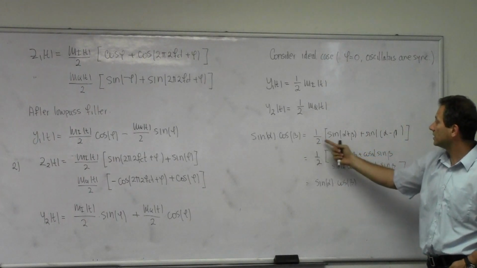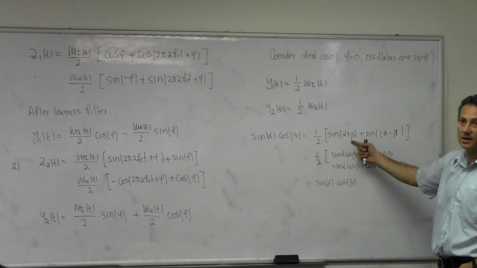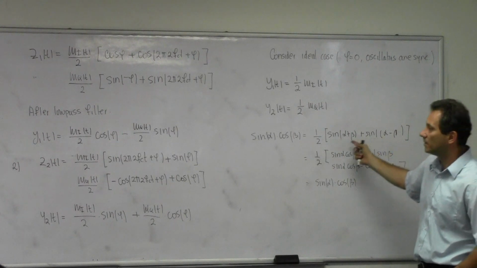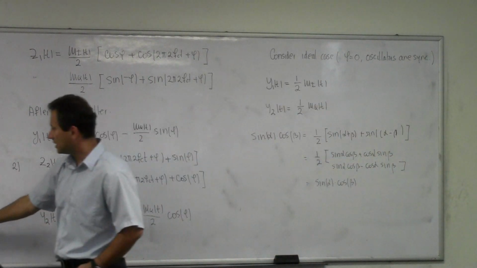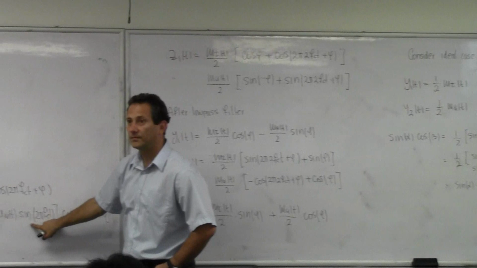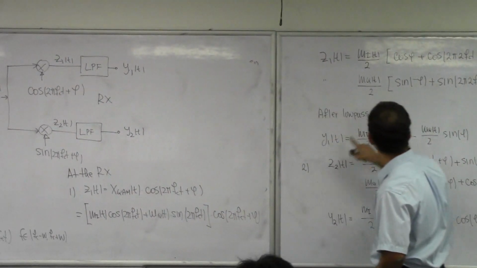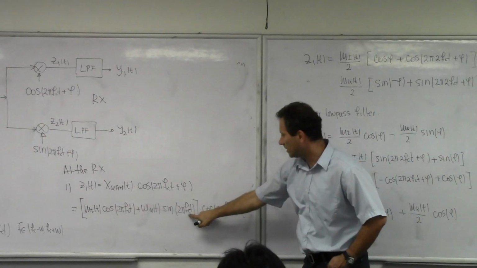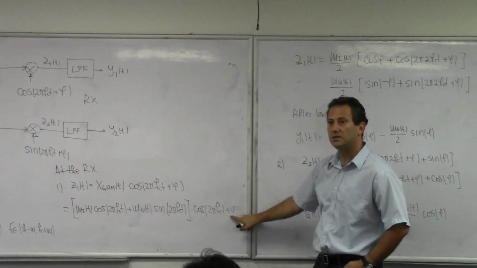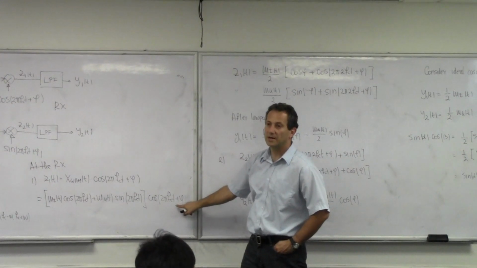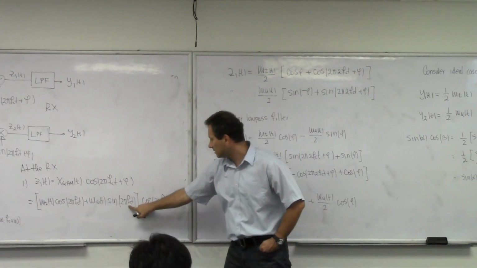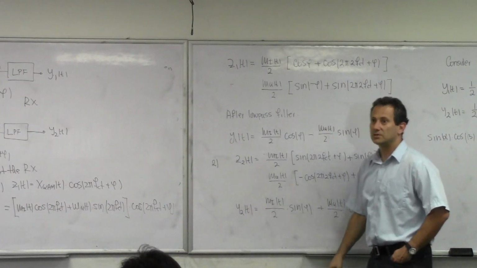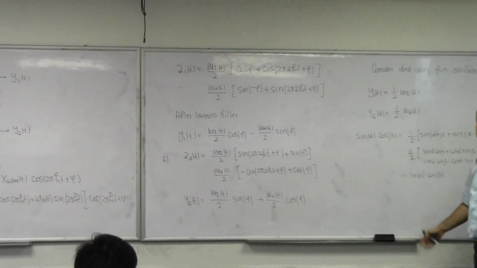Sine alpha cosine beta is 1/2 sine of the sum plus sine of the difference. Now apply this formula to this cosine times this sine. It's going to be sine of the sum, which is this term, and the sine of the difference, 2 pi fc t minus 2 pi fc t plus phi. So this gives me minus phi. Just the application of the trig identity.